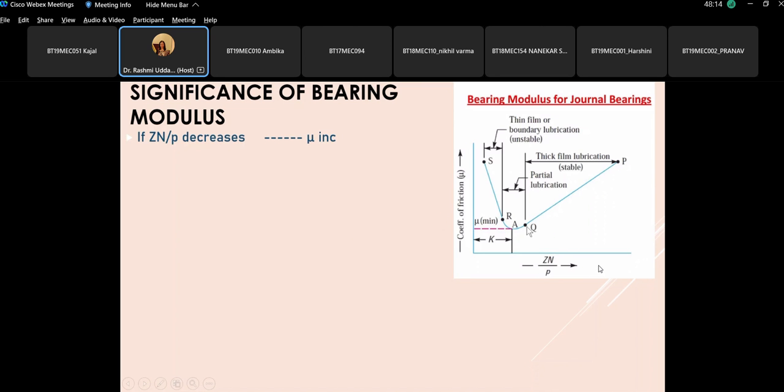So if you are moving from Q to R and R to S, the value of mu increases. When it is moving from P to Q, the coefficient of friction is reducing, and when it is moving from R to S, the coefficient of friction is increasing.